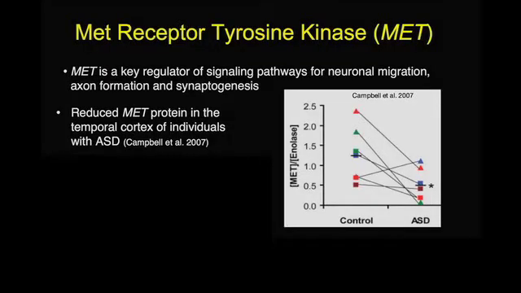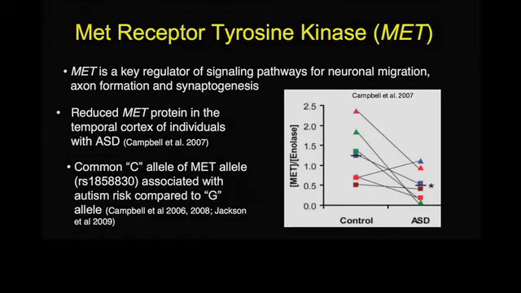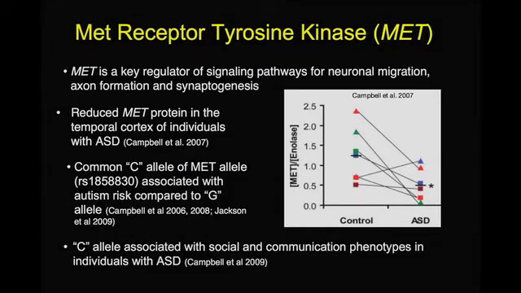For instance, in postmortem studies, reduced MET protein has been found in the temporal cortex of individuals with autism. The common C allele has been found to be associated with autism risk as compared to the G allele, across a number of studies. Importantly, this risk allele has also been associated with increased social and communicative deficits in individuals with ASD.